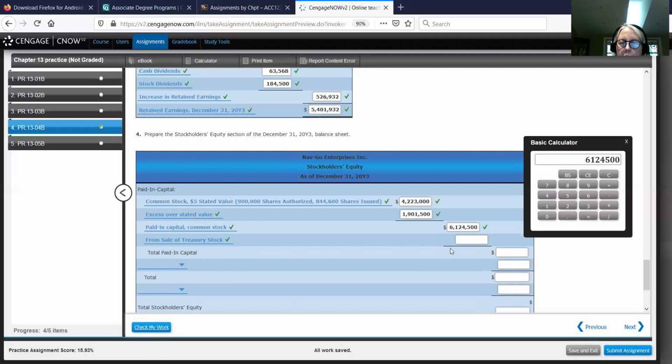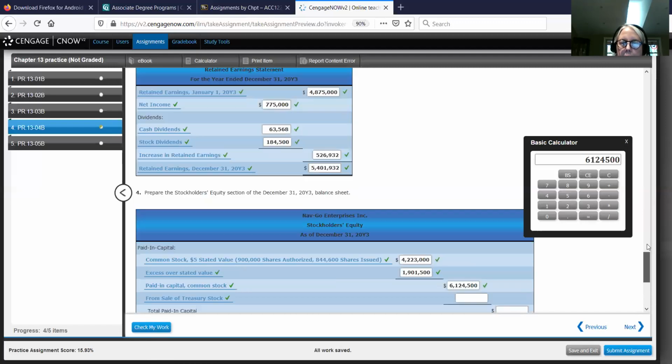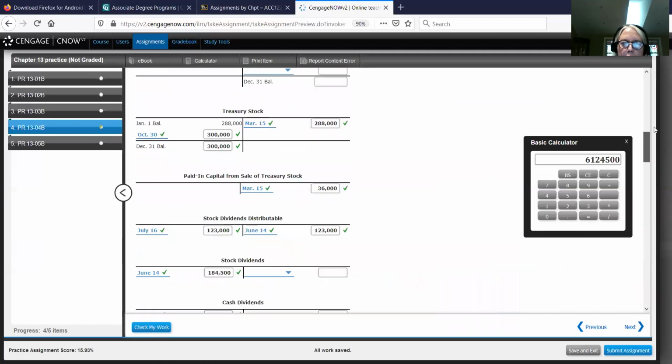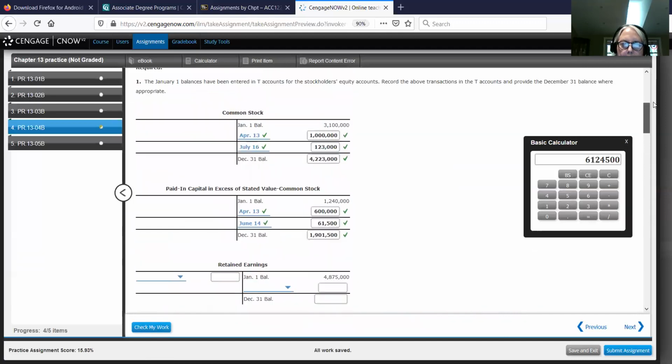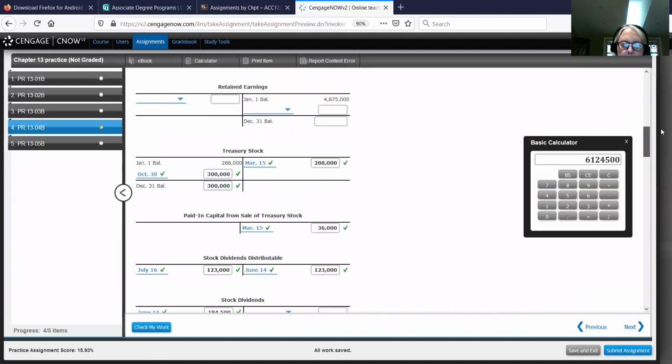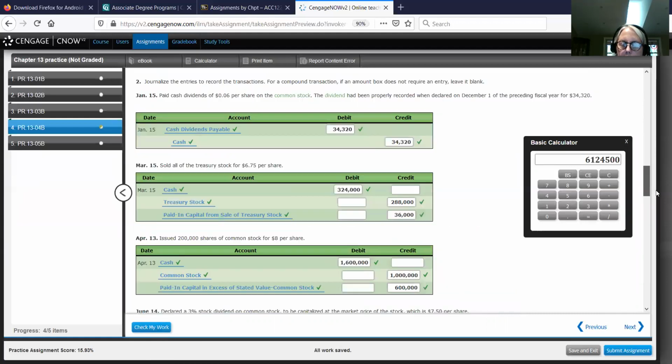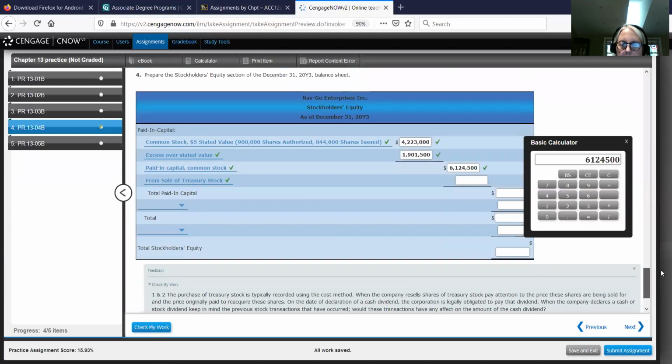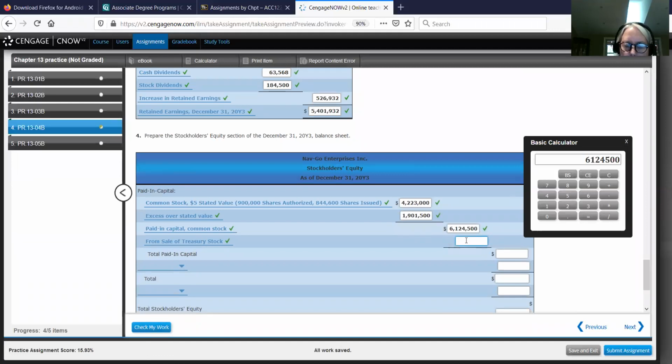And then we're going to look at what the paid-in capital was from the sale of treasury stock. The paid-in capital from the sale of treasury stock was $36,000. And then they want you to total the paid-in capital, which is combining both of these together.